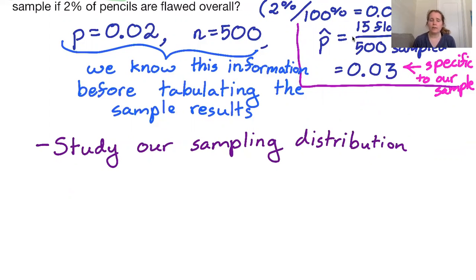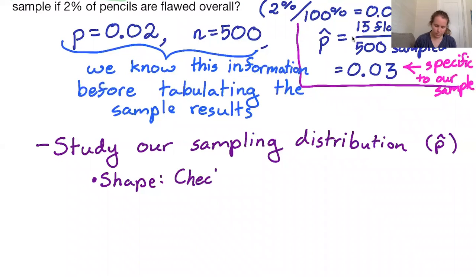So in studying our sampling distribution, we need to know shape, center, and spread. For our shape, we are looking at the p hat distribution, so we just need to check n times p.